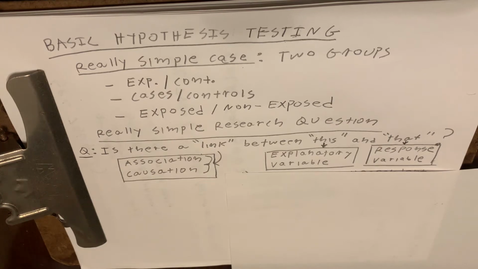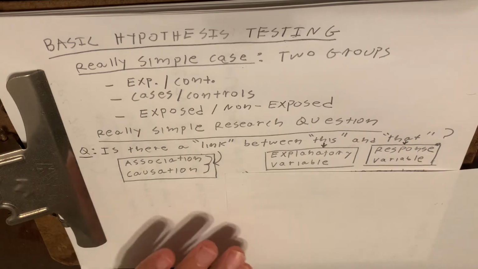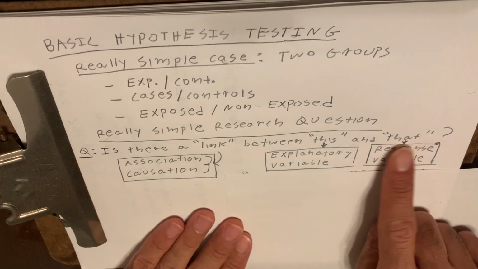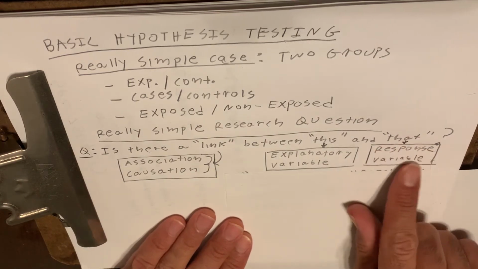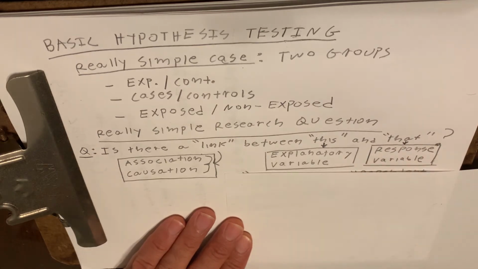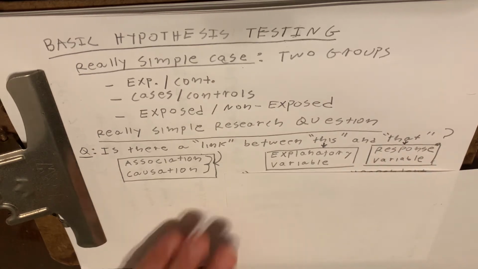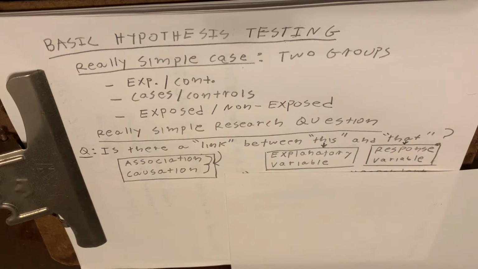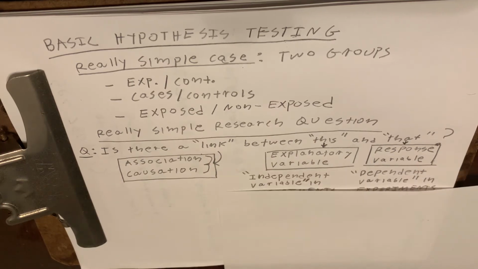Why do some people experience this and others don't, right? And maybe I really should have said that. Why do some people experience that and others don't? Because the that is what I'm calling the response variable. But again, this is really, really simple. Is there a link between this and that? I mean, how much more simple can it be?